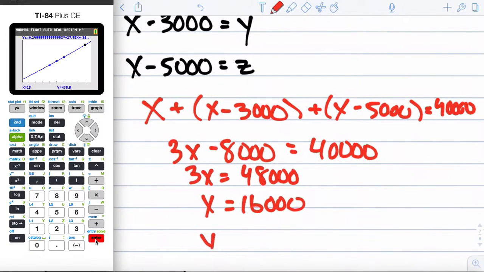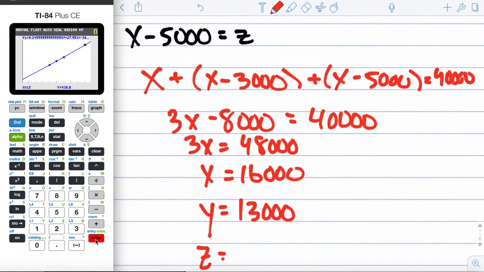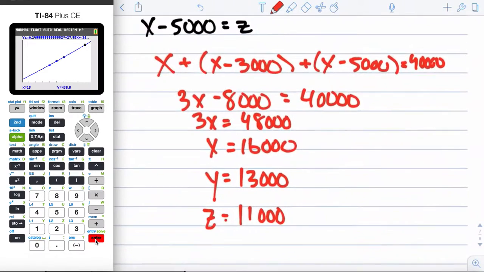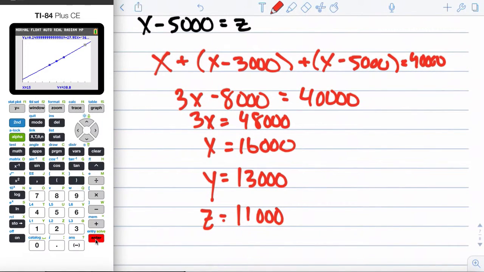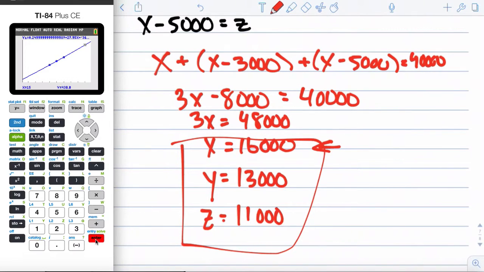X is 16,000, y is equal to 3,000 less, 13,000, and z is equal to 11,000. All right, so that's it. We found the interest rates and the amount placed in each investment. Okay, so that was 16,000 at 7%, 13,000 at 9%, and 11,000 at 11%.